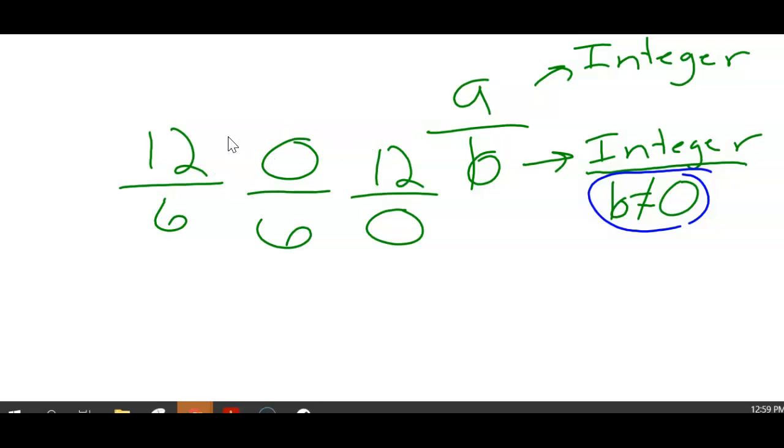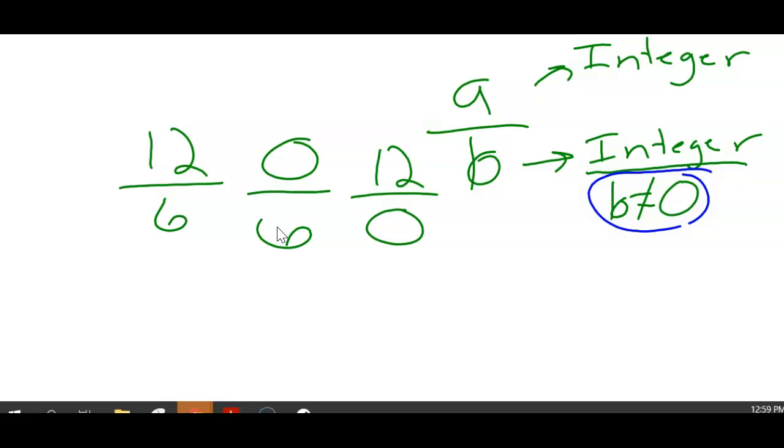You have 0 apples, and you're splitting them equally between your 6 friends. How many apples does each person get? Maggie? 0. So 0 over 6. What is the answer to 0 over 6? Patrick? 0 over 6 simplified is 0.